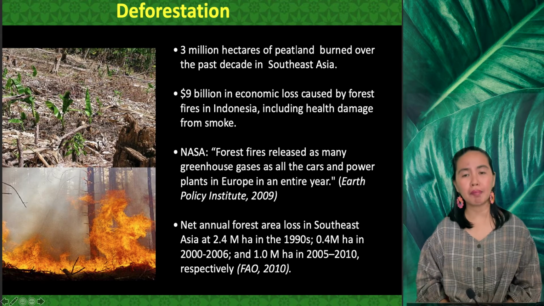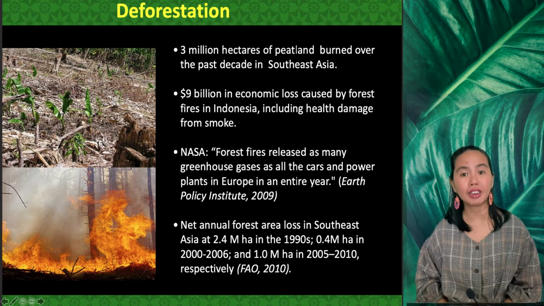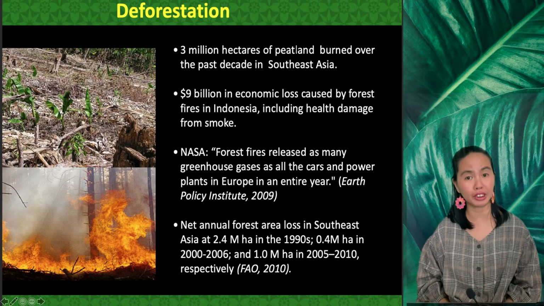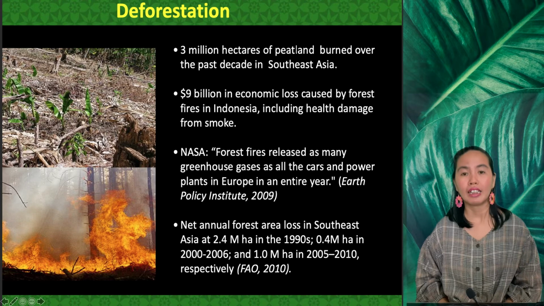Deforestation. 3 million hectares of peatland burned over the past decade in Southeast Asia. $9 billion in economic loss caused by forest fires in Indonesia, including health damage from smoke. According to NASA, forest fires released as many greenhouse gases as all the cars and power plants in Europe in an entire year.